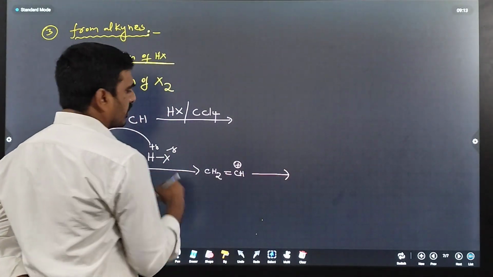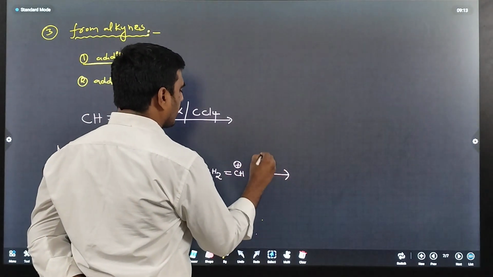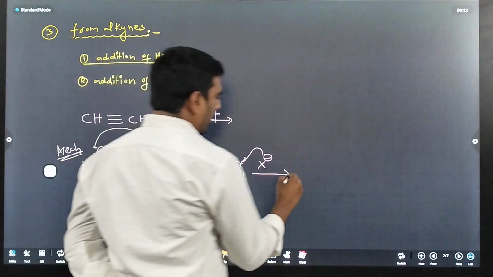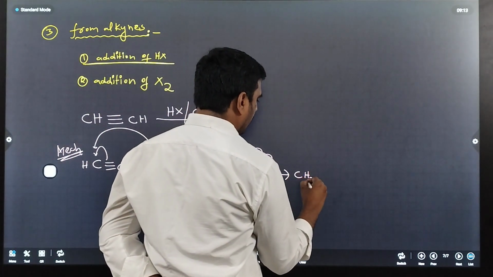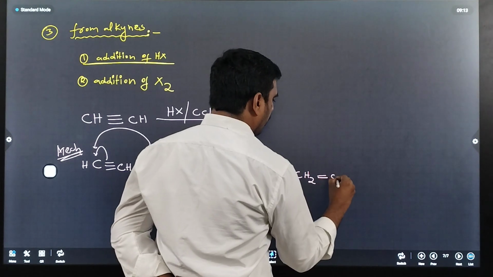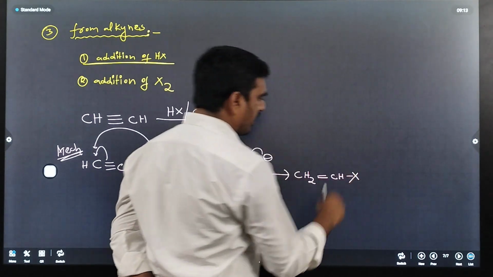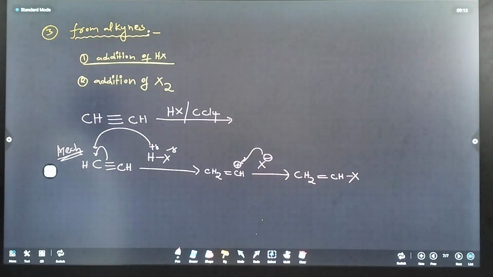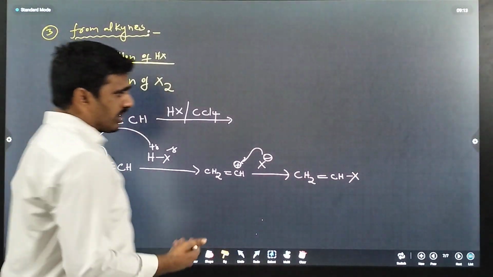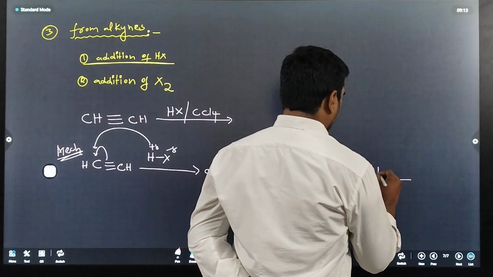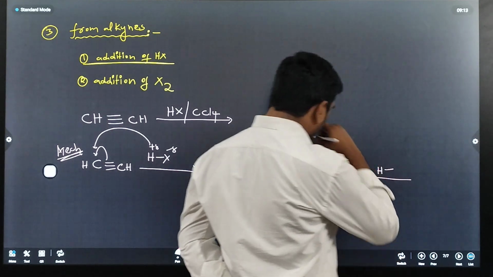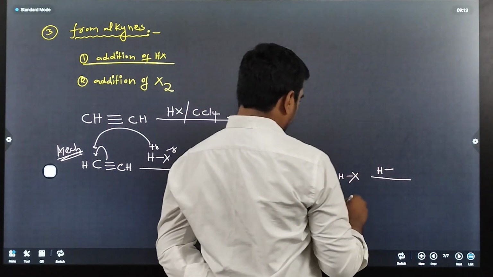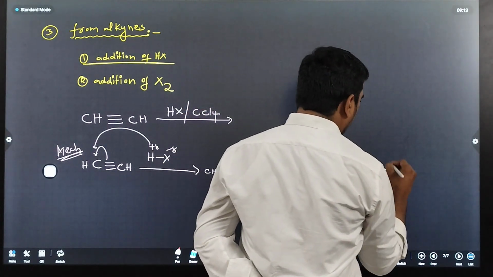Then X minus attacks here, so we get CH2 double bond CHX. So this is a vinyl halide. I can use 1 mole of HX.